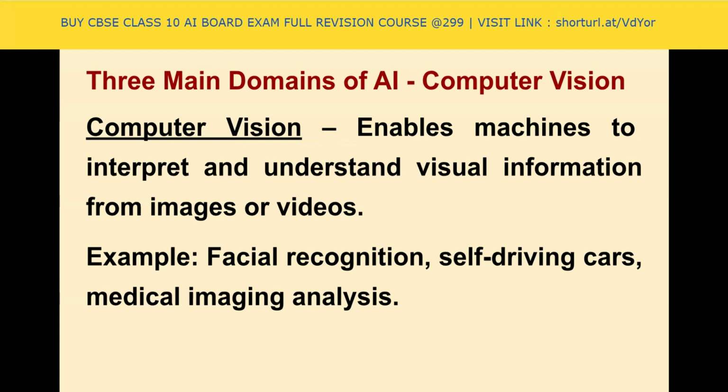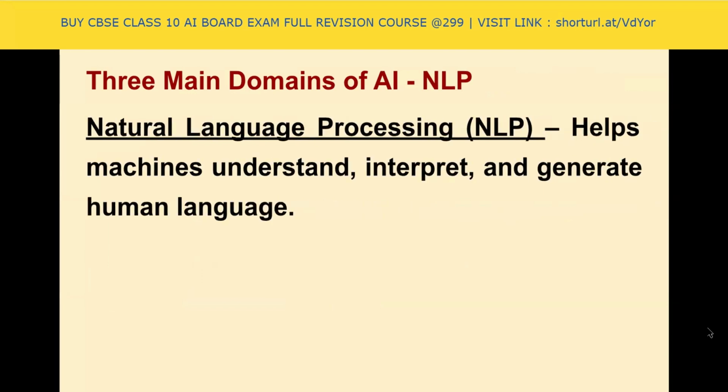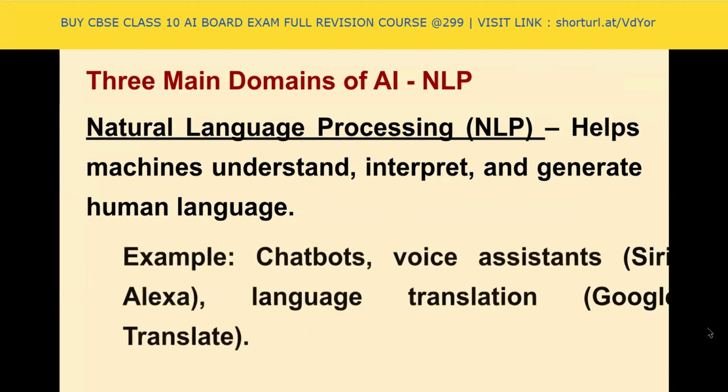Doctors need to see the images, X-rays, reports, CT scan reports, and from there they take the decision. Where human decisions may have some error, with the help of computers we make these decisions error-free. Okay, so the next main area of the third domain is natural language processing.